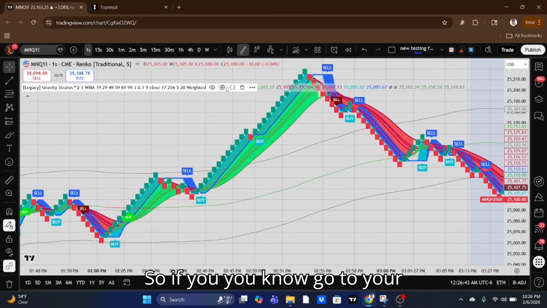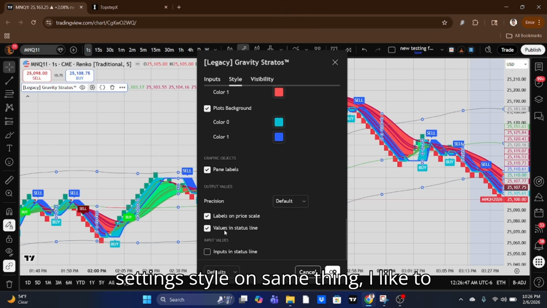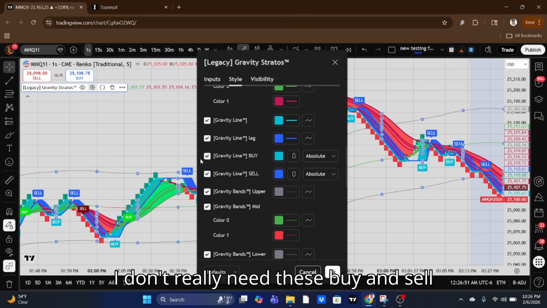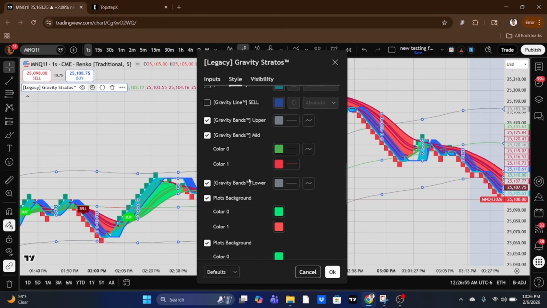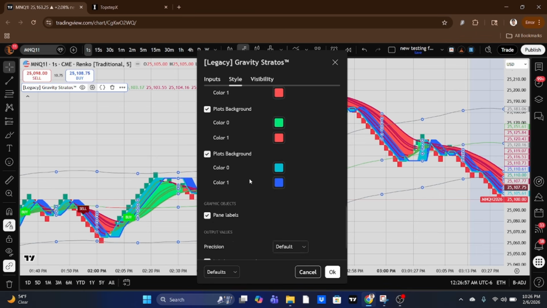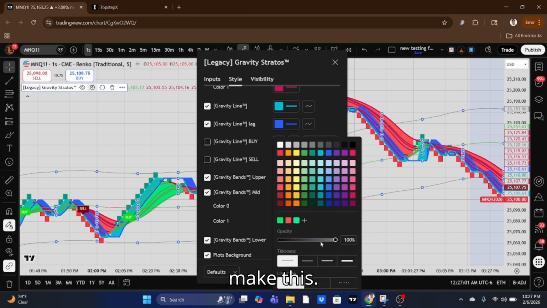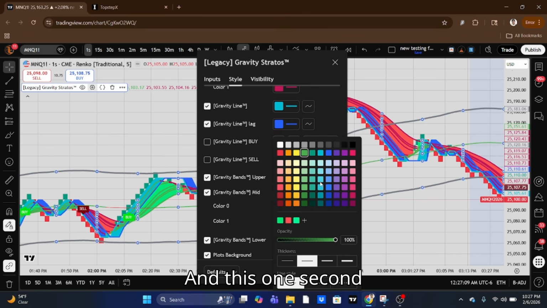If you go to your settings style, same thing. I like to uncheck that. I don't really need these buy and sell labels on it. It's up to you. And then I like to make this fourth level thickness, and this one second level thickness.